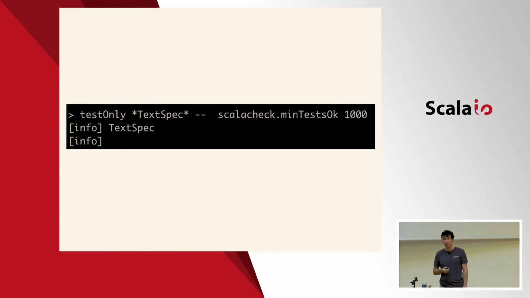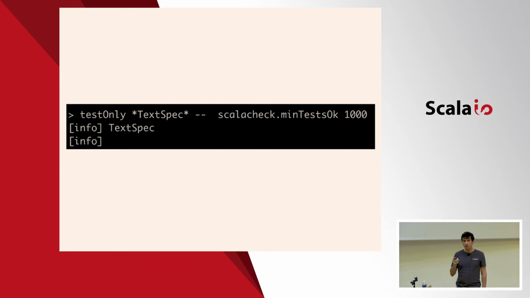And the cool thing that you can do with Specs2, and I'm going to show you other examples in a minute, is that you can access all the ScalaCheck properties directly from the command line. So you don't have to recompile your code and pass other properties to ScalaCheck. You can just change them from the command line, change the maximum size of the generated data, for example, or change the minimum number of tests to say now instead of 100, I want to test all my properties 1,000 times.